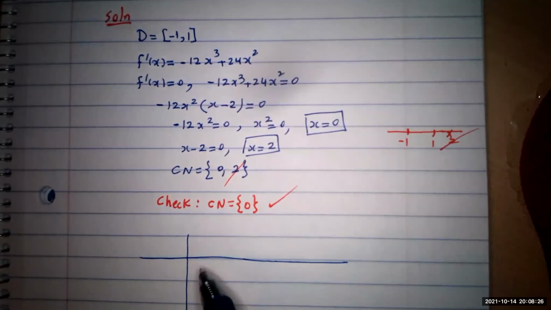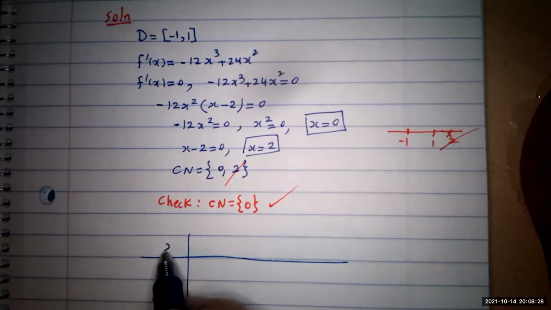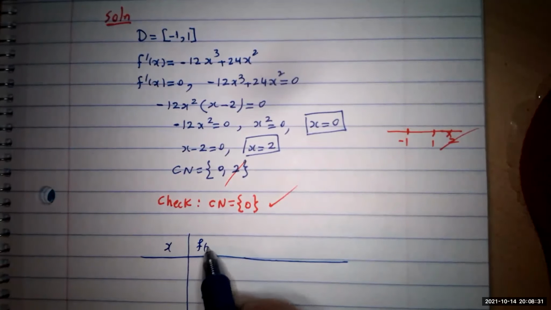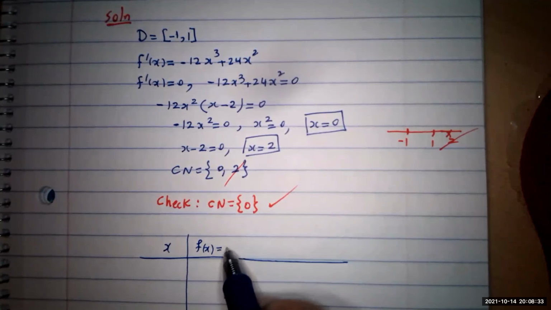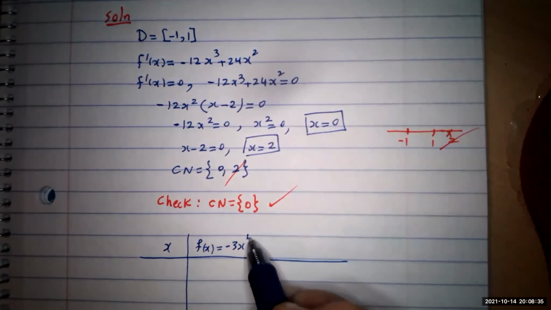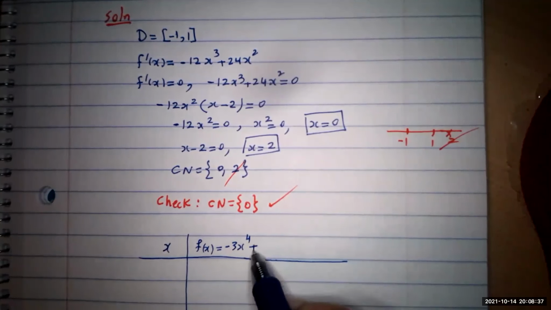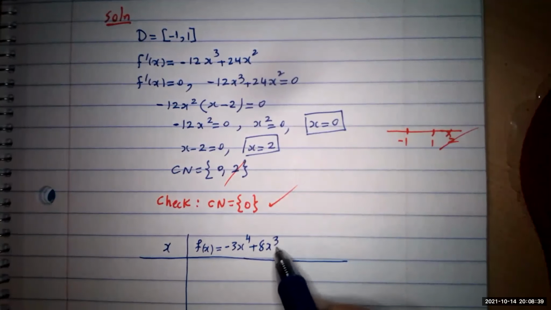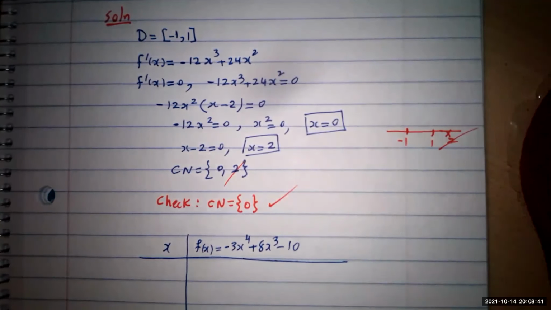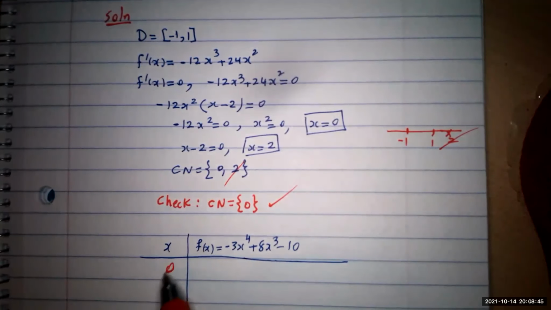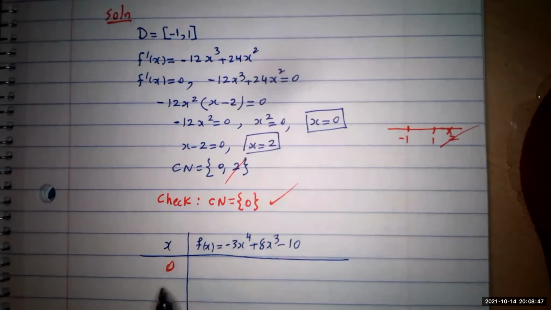You have one column for your x, and this is going to be your f of x. Your f of x is negative 3x to the 4th plus 8x cubed minus 10. From the critical values, you get only one number, which is 0, and from the endpoints of the interval, you have negative 1 and 1.